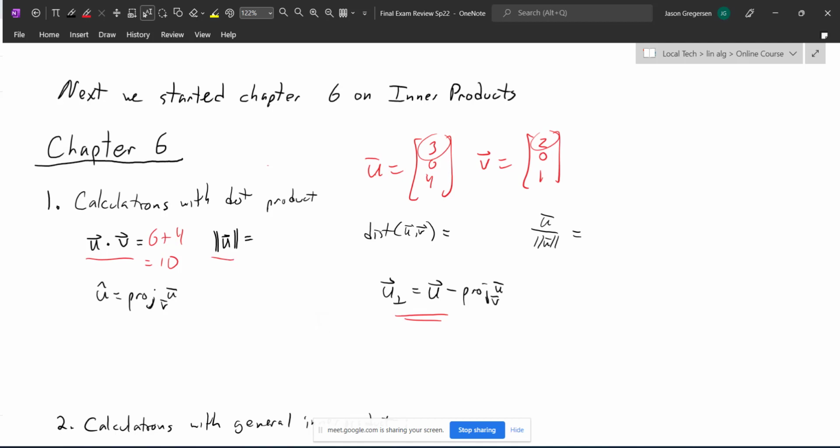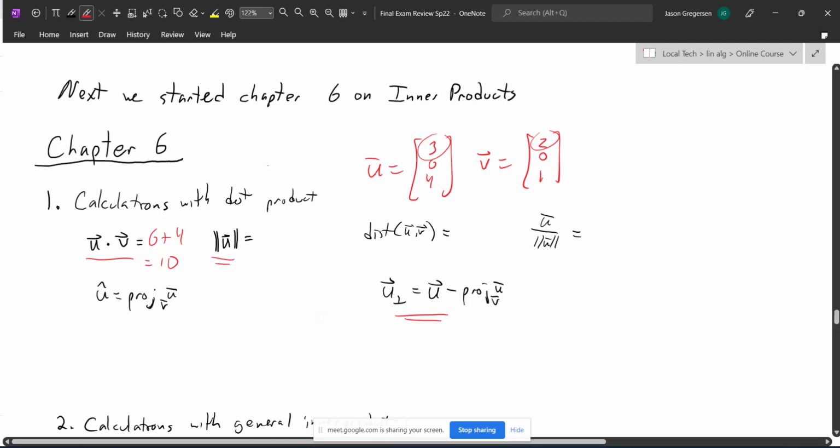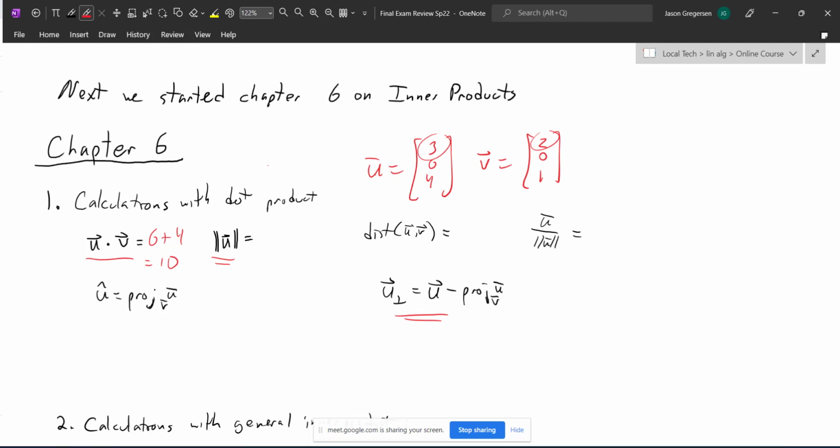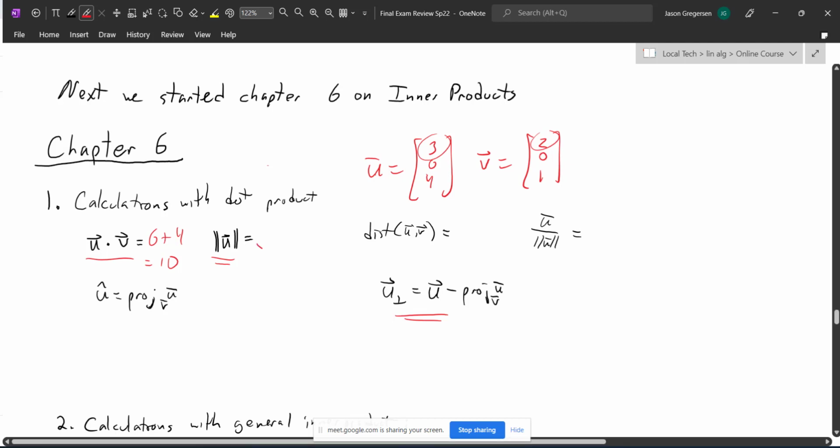Next, we're going to take the magnitude of u. This is the length of the vector u. Now, you might know from previous courses or the distance formula that we can calculate this as the square root of the sum of the squares of the components. So 3 squared plus 0 squared plus 4 squared, we would get a value of 5 here, the square root of 25.